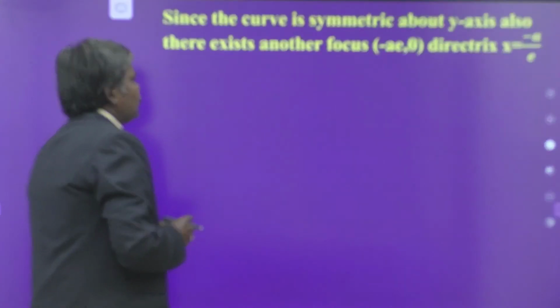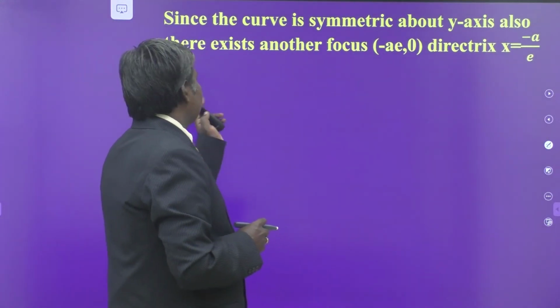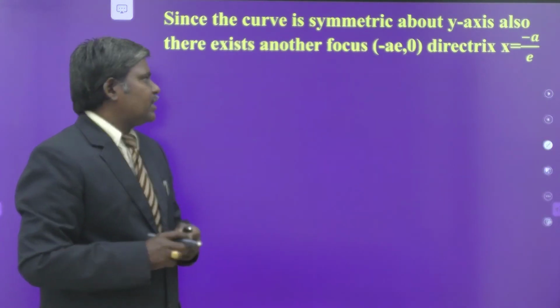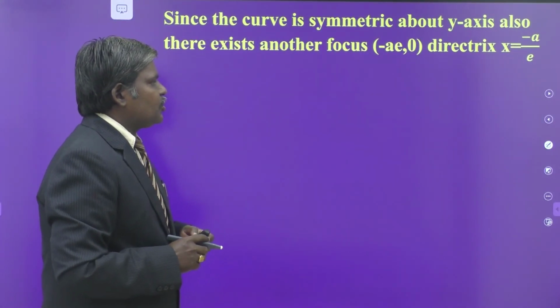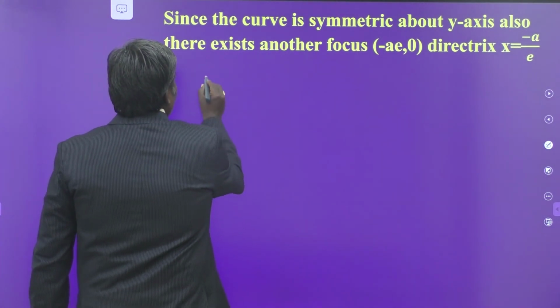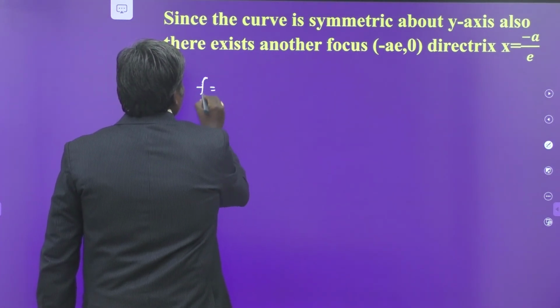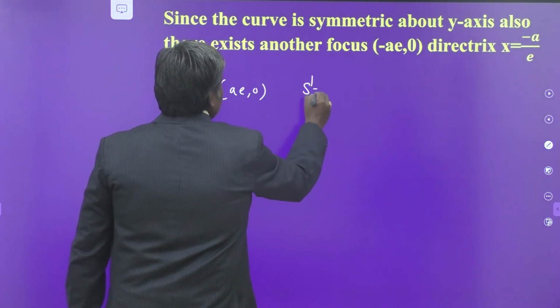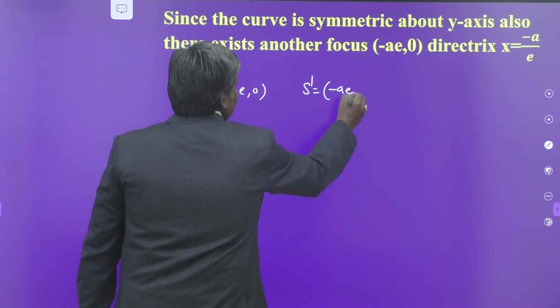Since the curve is symmetric about y-axis also, there exists another focus minus AE comma 0 and another directrix x equals minus A by E. We have another focus. Already we have the focus S equal to AE comma 0. Another focus is S dash equal to minus AE comma 0.